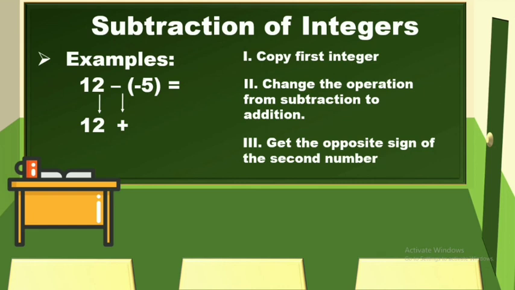Since the second integer here is negative 5, we will change that to positive 5. Now, we can proceed to addition rules. 12 plus 5, what is the answer? Yes, 17. Therefore, 12 minus negative 5 is 17, or positive 17.